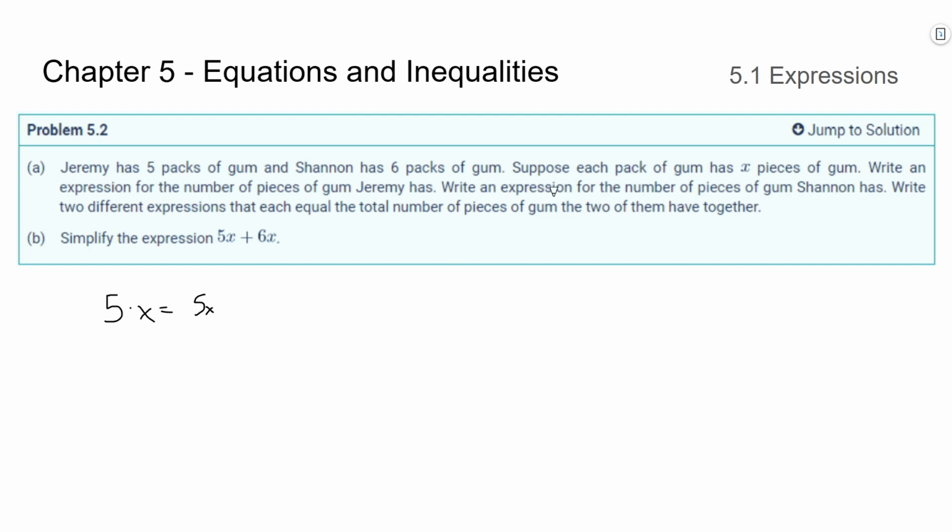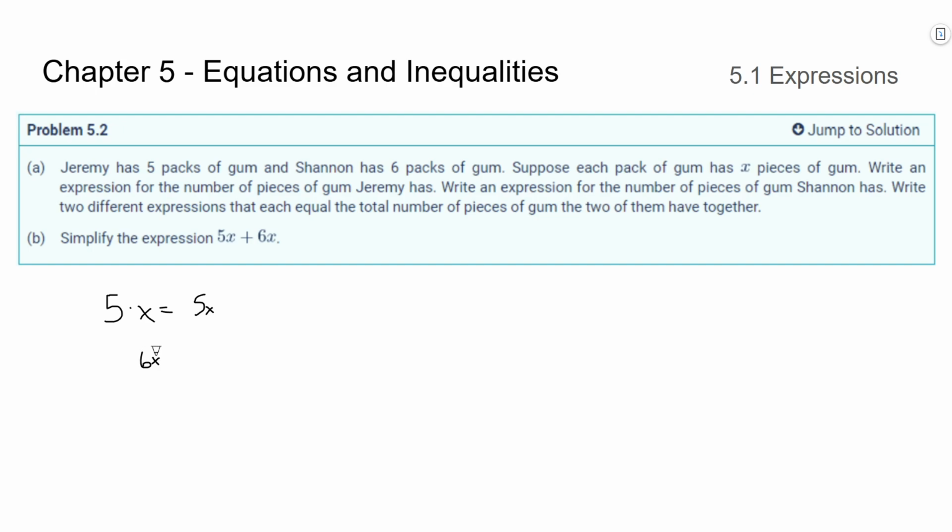Okay, write an expression for the number of pieces of gum Shannon has. Well, Shannon has 6 packs of gum. Okay, write 2 different expressions that each equal the total number of pieces of gum the two of them have together. Anyways, so Shannon will have 6x pieces of gum, right?